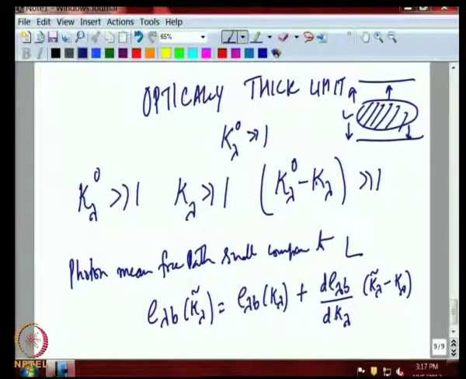So, this expansion I am going to do of the emission by a gas element at kappa lambda prime, in terms of the emission at kappa lambda and the derivative of this quantity evaluated at kappa lambda.